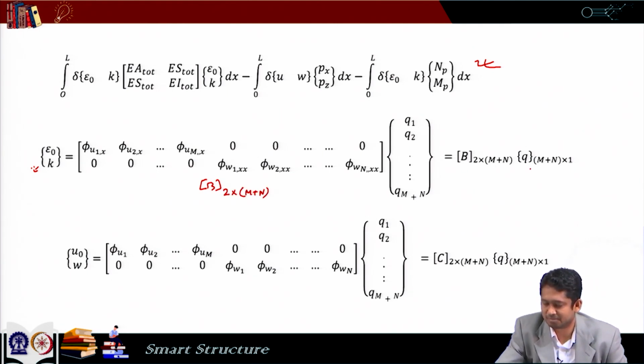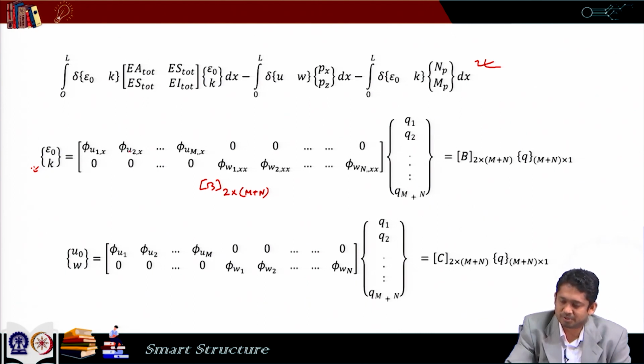So, we have B matrix multiplied by this Q matrix, and this Q matrix is the full Q matrix, where the first m number of terms are QU, and the rest of the n number of terms are QW. We can see it here if I multiply this row with this column: the first m number of terms which are QU get multiplied, and then the rest of the terms which are QW are multiplied with 0.